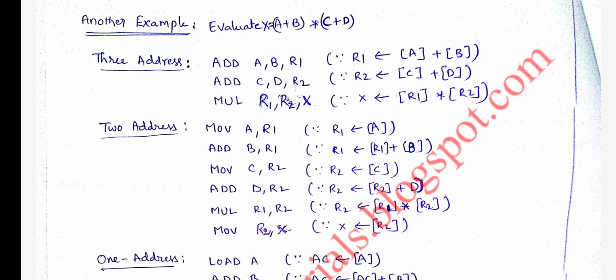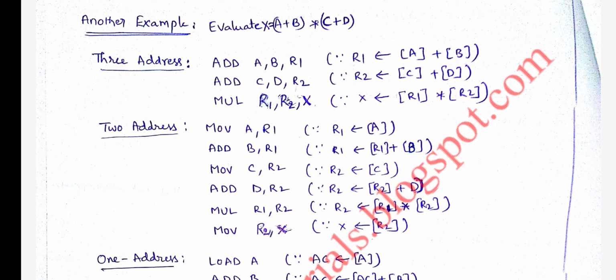MUL represents multiplication. See, MUL R1 comma R2 comma X. This is the instruction which multiplies the content of R1 and R2 and stores the result in X. R1 contains the addition of A and B, and R2 contains the addition of C and D.